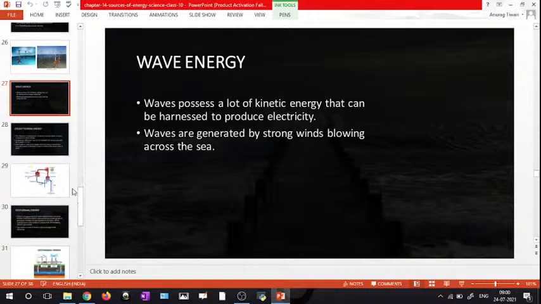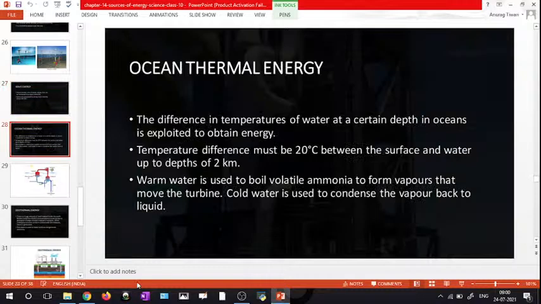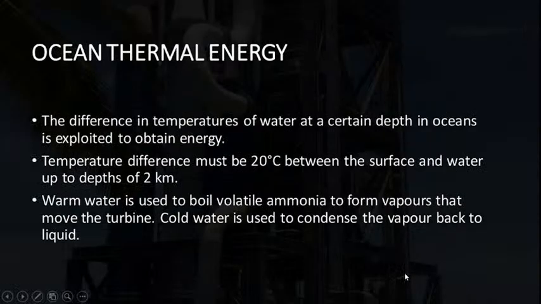Now the important thing, which is very much discussed in the present time, is ocean thermal energy. As you know, below the surface of the ocean there is the earth's core, and in the earth's core molten magma at a very high temperature is flowing.